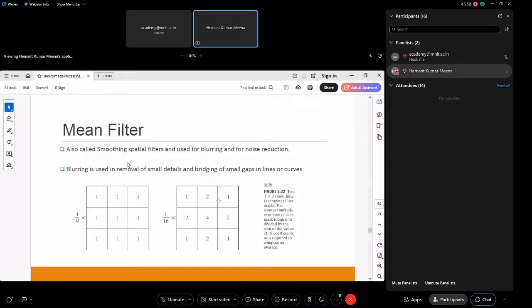You add up all the values: 1, 2, 1, 3, 4, 5, 9, 11, 13, 15, 4, 6, 10, 12. This is 60, so you divide by this value. The mean filter is very popular. It is basically a low pass filter, used for blurring, and it removes noise. For noise reduction, it is very, very good.